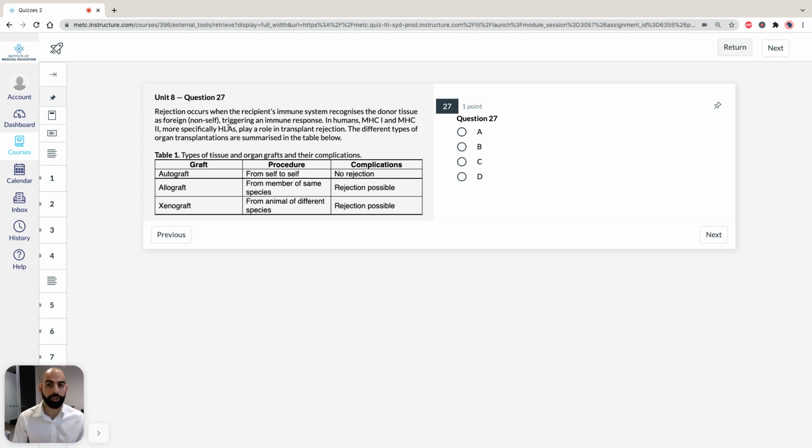Rejection occurs when the recipient's immune system recognizes the donor tissue as foreign, so non-self, and that triggers an immune response. I implore you to go back and look at how rejection works in humans. It's principally mediated by major histocompatibility complexes 1 and 2, and more specifically the human leukocyte antigens, and they play a role in transplant rejection.